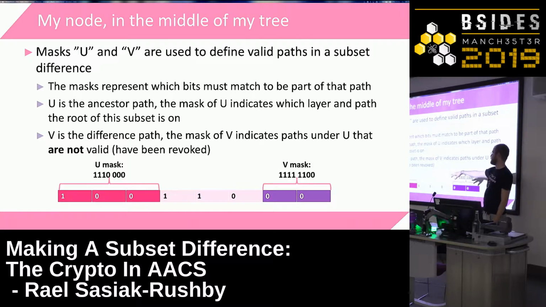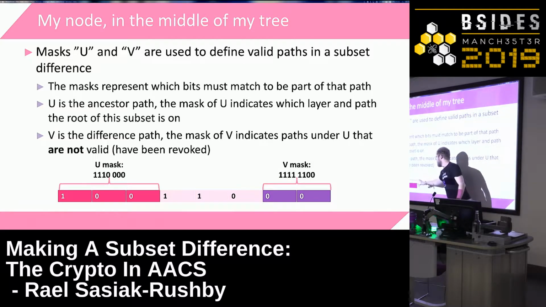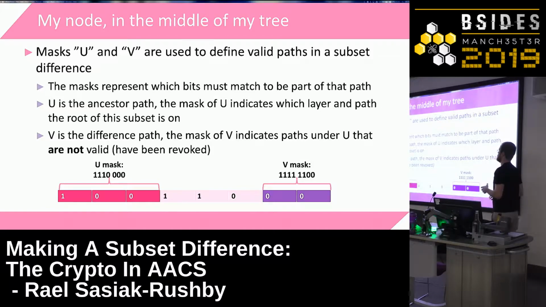This one would be 3 deep and on a path of 100 compared to the master tree. VMask says how far up in the node it is. Anything below it we don't care about, so this node is there, and then this is just extra space.